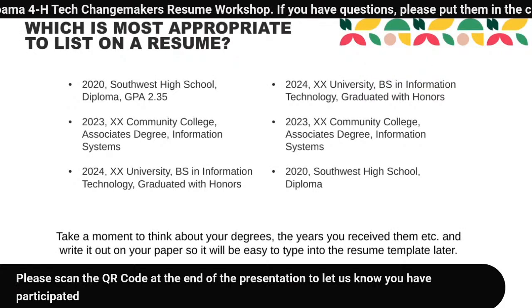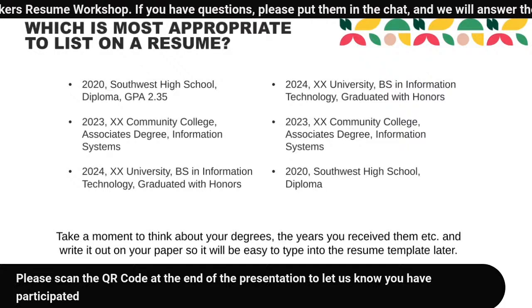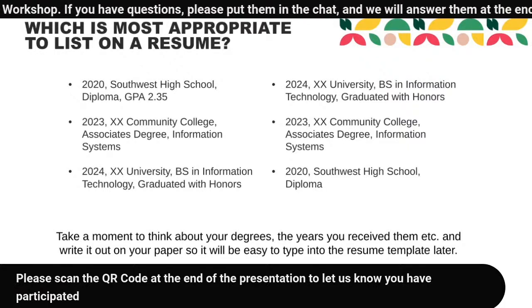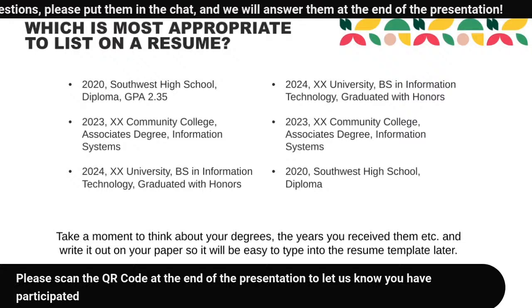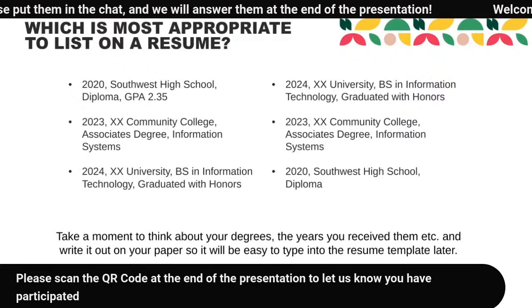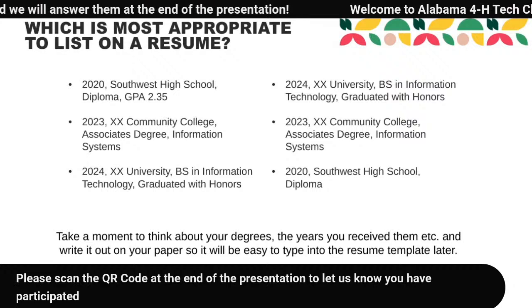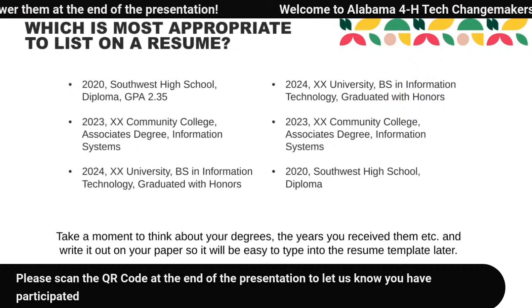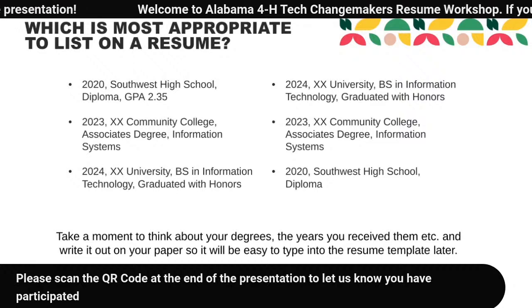Another guessing kind of situation. Which is most appropriate to list on a resume? You've got a bunch of options right here. We've got 2020 Southwest High School Diploma, GPA 2.35. You got 2023, whichever community college, Associate's Degree, Information Systems.